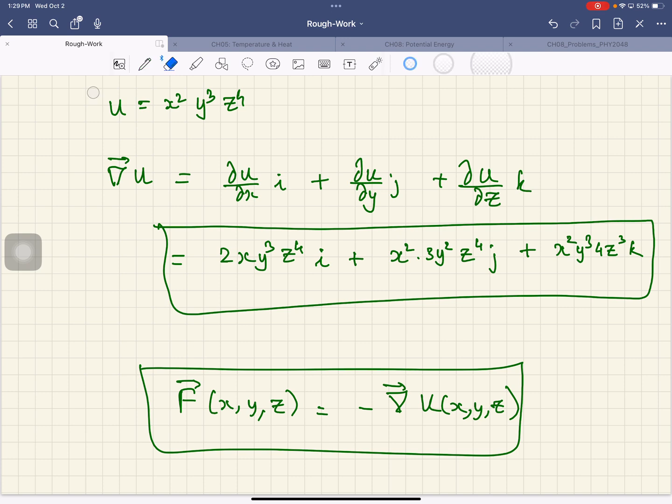Here's the potential energy function for that system at any location, and here's the force on that system at any location.